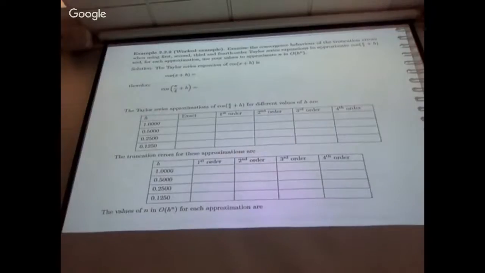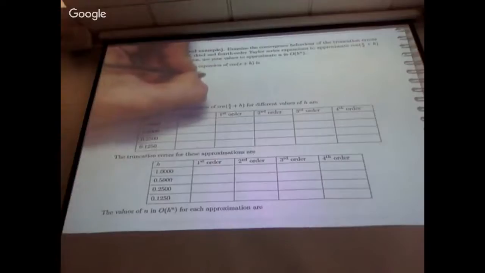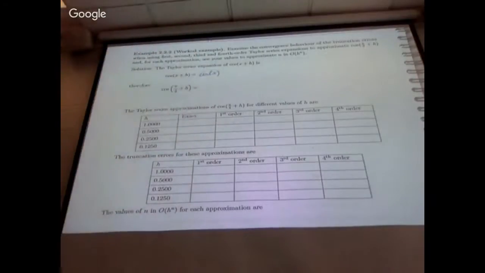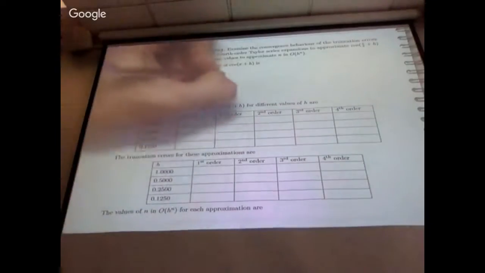First term in the Taylor series is just u(x). So our u in this case is cos. We've got cos x. Then to that we add h times the derivative of that term. So what's the derivative of that term? Minus sine. So we've got minus h sine x.